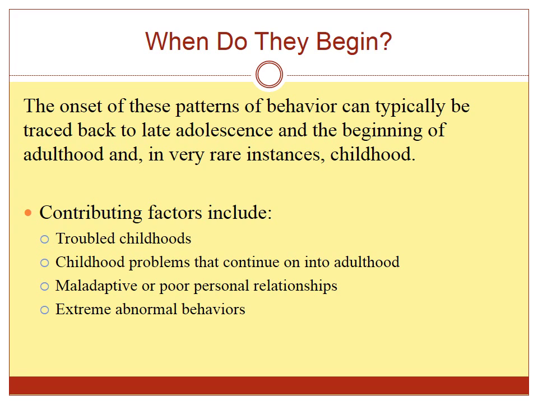Contributing factors include troubled childhoods, childhood problems that continue on into adulthood, maladaptive or poor personal relationships, keeping in mind that the word maladaptive comes from the idea that we adapt to a situation, and the word mal is a French word meaning bad, so we adapt in a bad way to a situation. And finally, extreme abnormal behaviors.